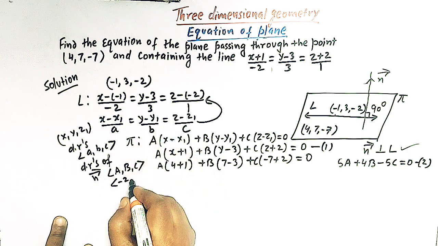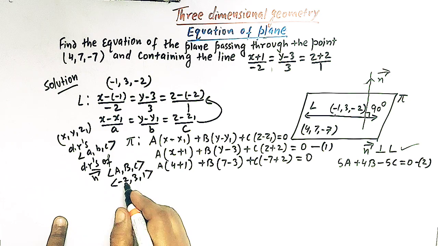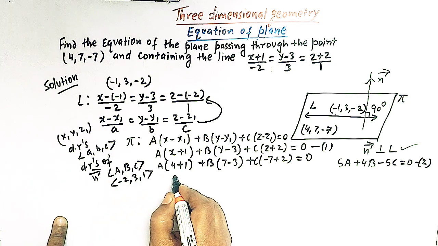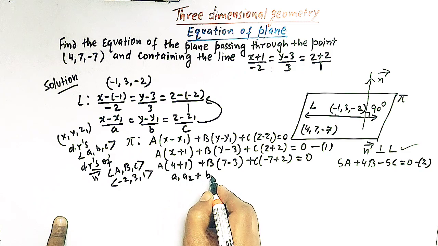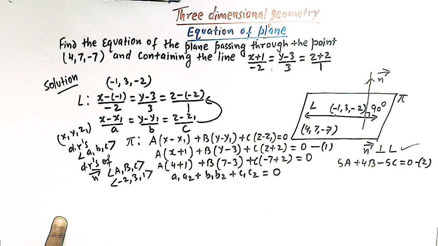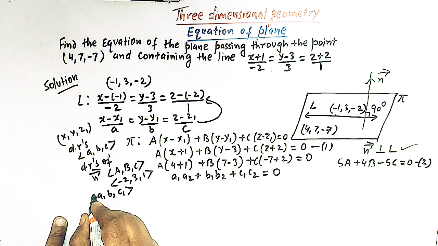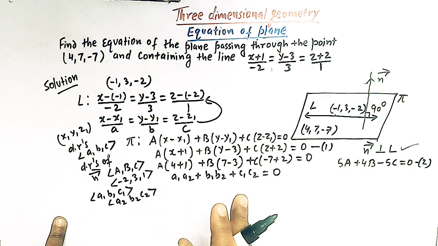3 and 1, right? And we know that when two vectors are perpendicular to each other, then we have this condition, that is say a1 a2 plus b1 b2 plus c1 c2 is equal to 0, where a1 b1 c1 are the direction ratios of the first vector, and a2 b2 and c2 are the direction ratios of the second vector, right?